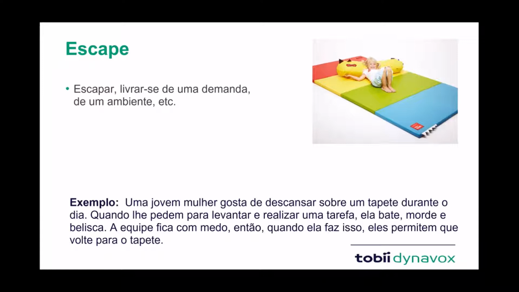Essa moça em especial, ela dava sinais muito claros antes de ter esse comportamento agressivo, de que ela iria começar a fazer isso. Então, com ela, a atitude seria ensiná-la maneiras de indicar, de demonstrar que ela queria dar uma parada, dar uma pausa e descansar, sem que ela precisasse ter esse comportamento.